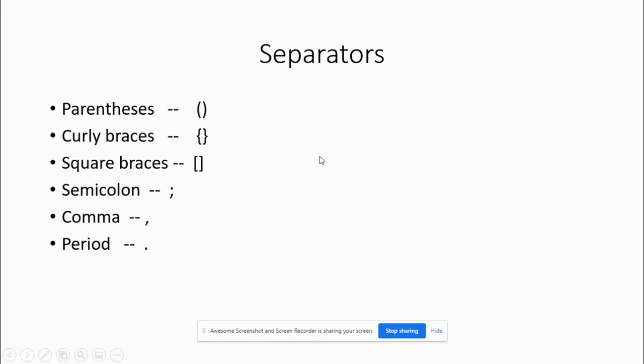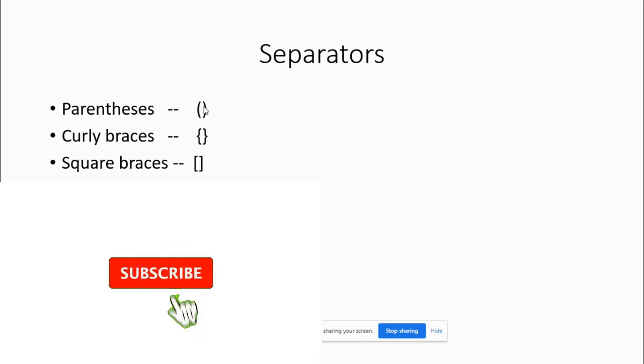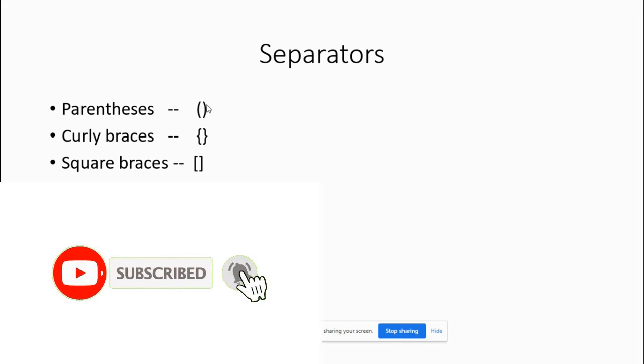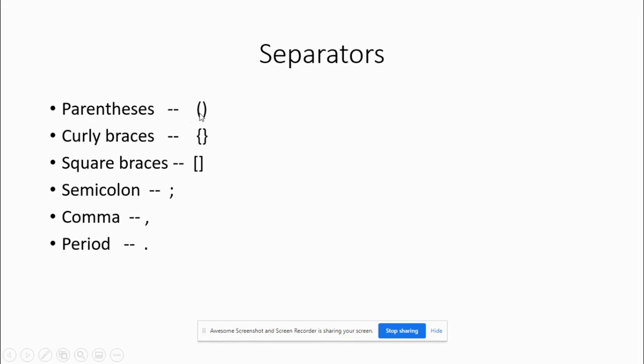The next topic is separators. Separators, there you can see there are multiple separators. Parenthesis, never call it first bracket. This is parenthesis symbol. This is curly brace symbol, specifically used in loop. Square braces, specifically used in array.